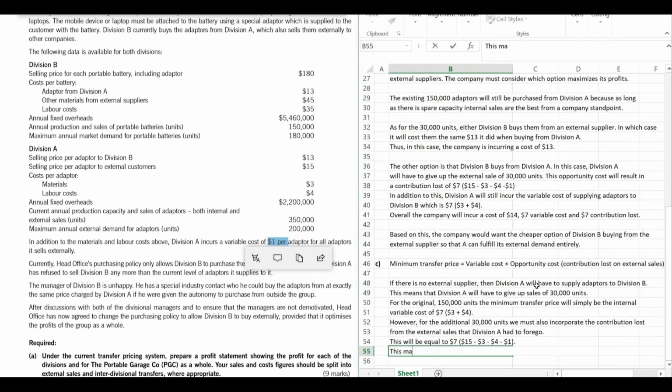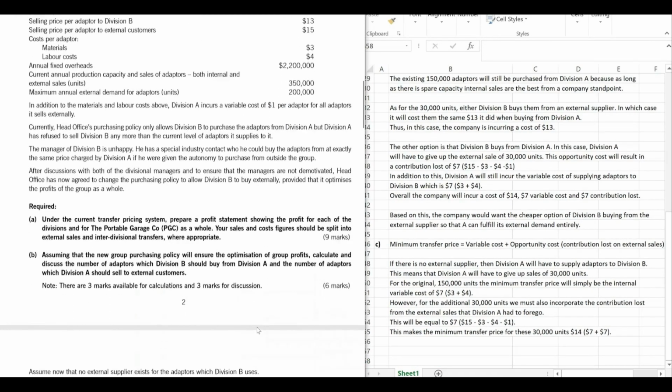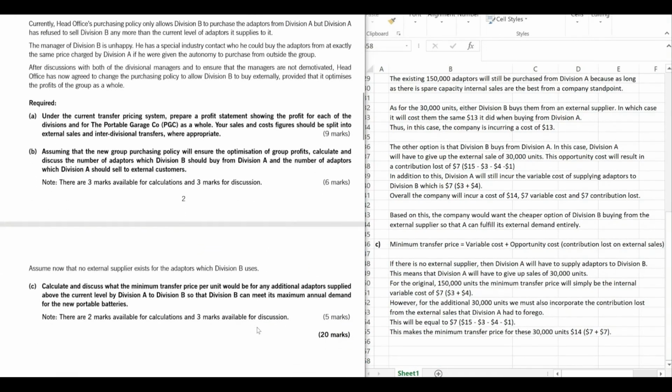This makes the total minimum marginal transfer price for these 30,000 units $14, right? 7 plus $7. Okay, so we've done the calculation and we've given the discussion on what's going on, what's the scenario.